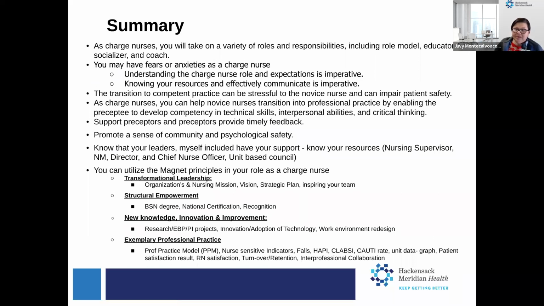We may have new nurses on board, so it is important to be a mentor to them to help them transition to practice and utilize your magnet principles: transformational leadership, structural empowerment, new knowledge and innovation and improvement, exemplar professional practice in your role as a charge nurse.